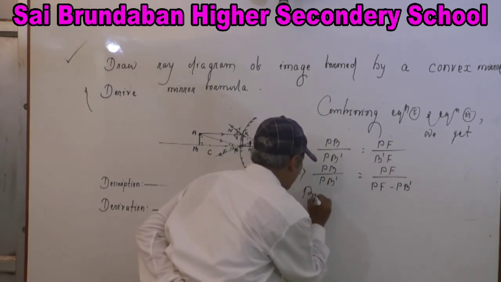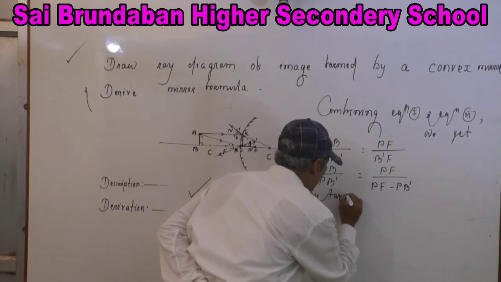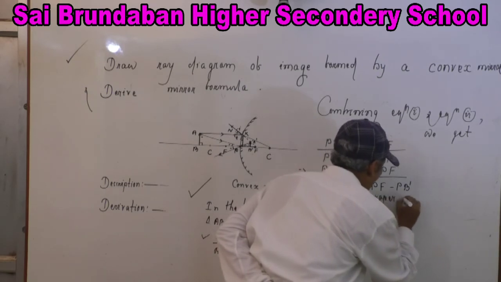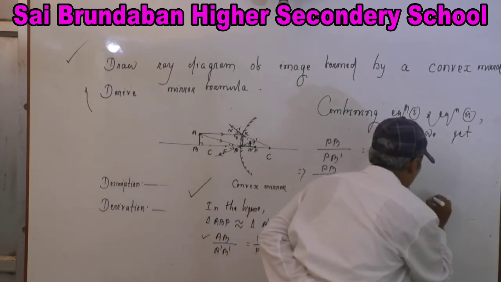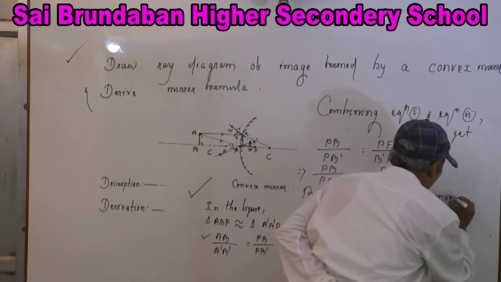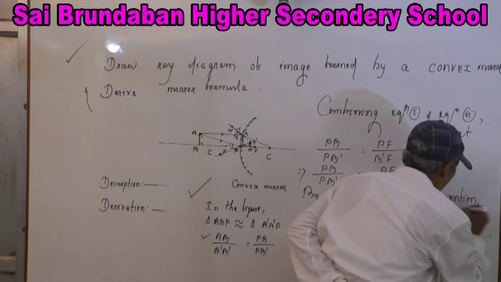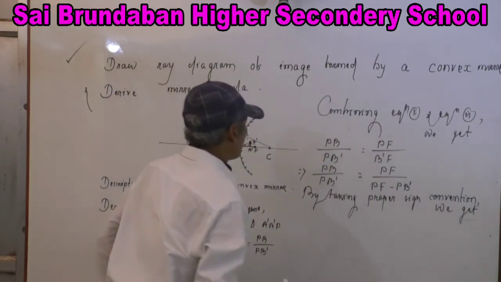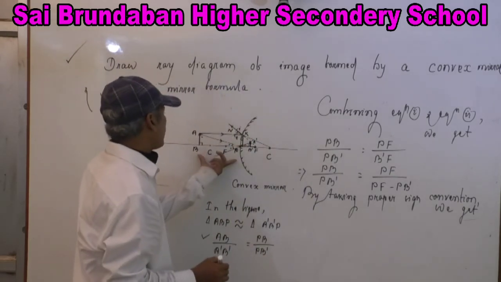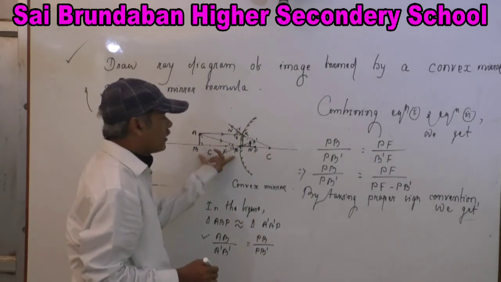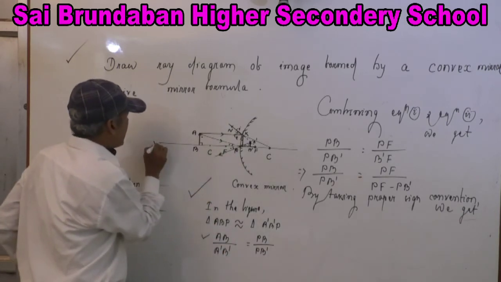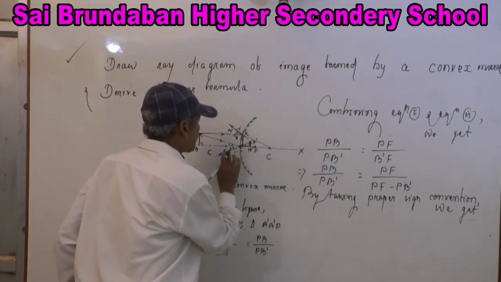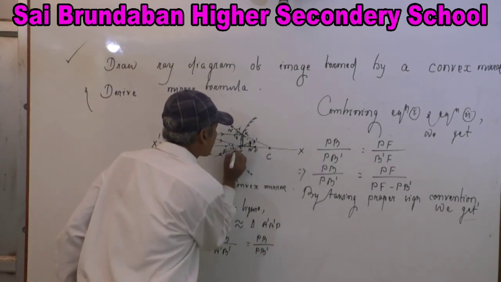By taking the proper sign convention, we get: this is PB, and this is the object distance, it is u. This is PB dash, it is v. And here is the pole.